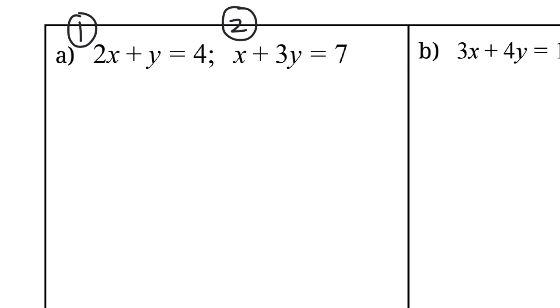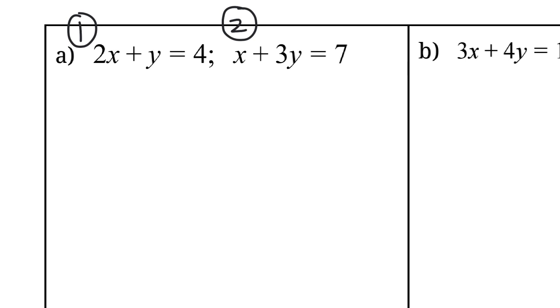Just by glancing at these equations, I can see right away that they are not in the correct format. So it's going to take a little bit of rearranging and isolating to put them into the proper format. Once they're in the proper format, then we can look at the slopes and the y-intercepts and check all of our conditions.